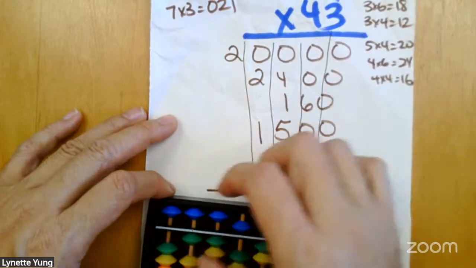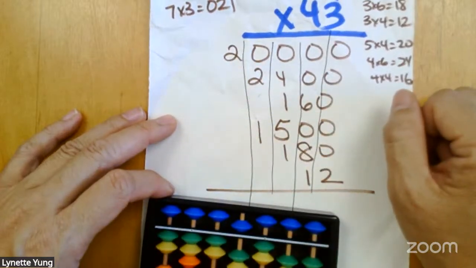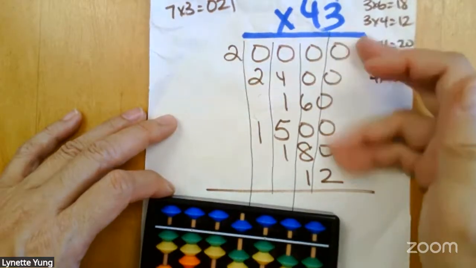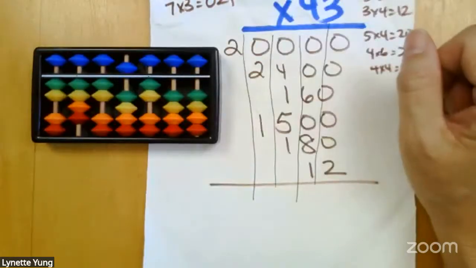And then this one is 3. And then this one is 2. But that's how they do it in mainstream math. I remember doing it that way.